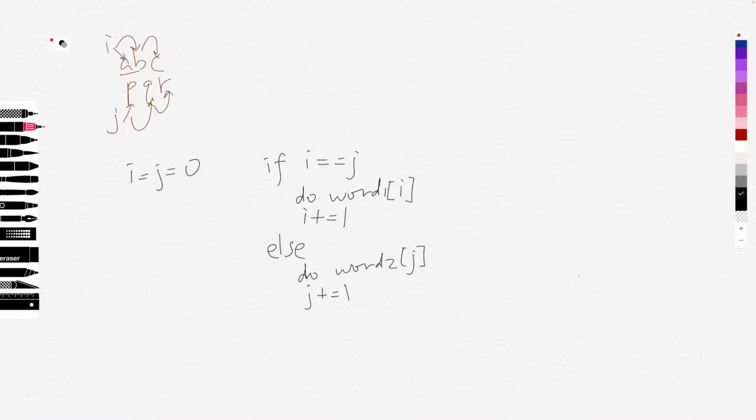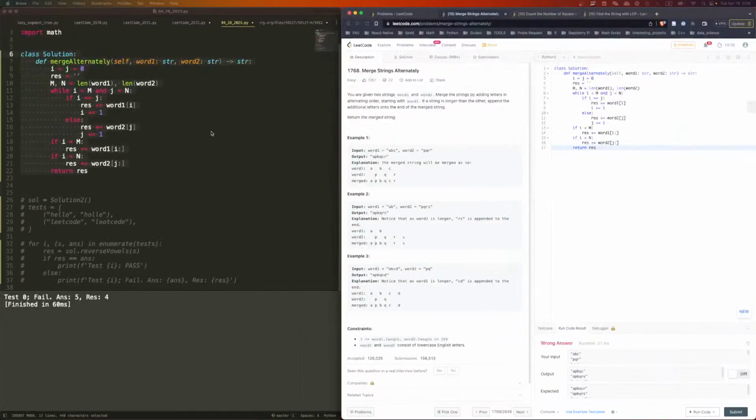Wait, I think this is not right. If they're the same, okay, I do this, and both go forward. Oh, that's right, and I get j to go forward.